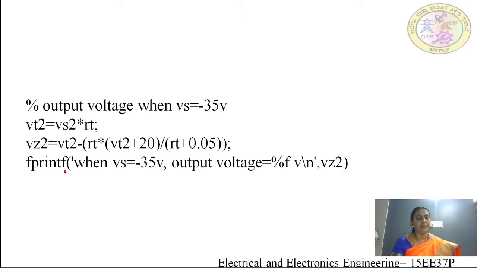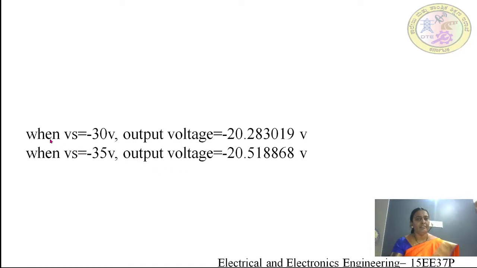This is the Thevenin's voltage and Zener voltage when the source voltage is minus 35. So the output voltage that we have to calculate is Vz2 is equal to percentage F.